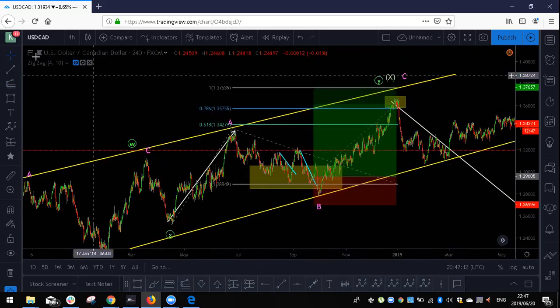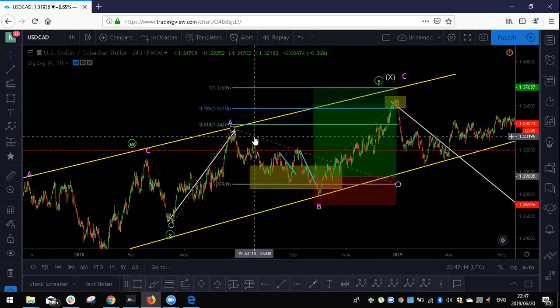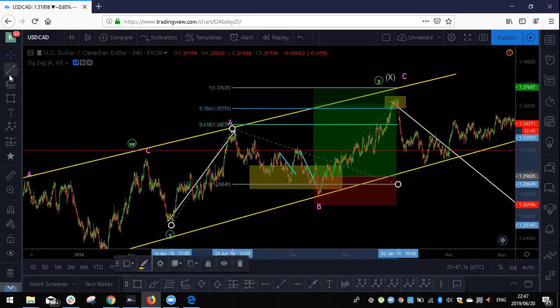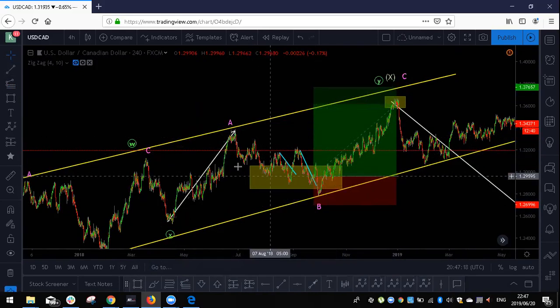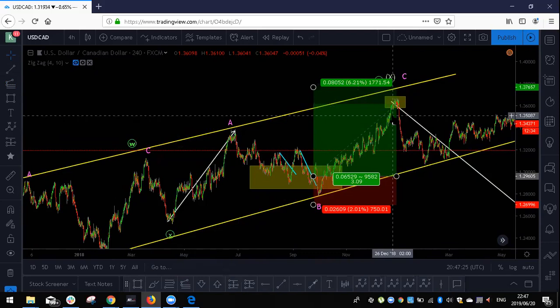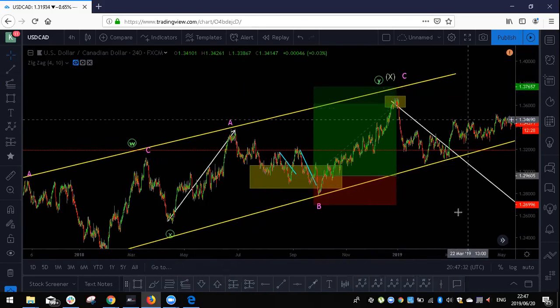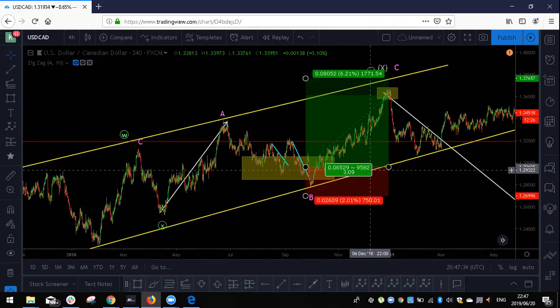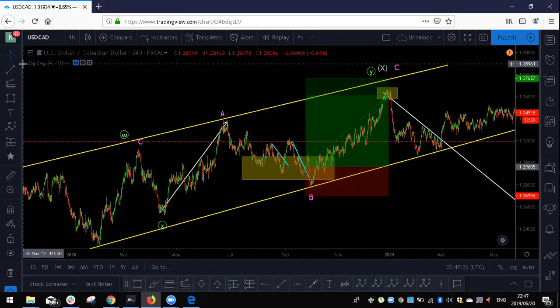But since I know this is a buy trade, I won't be interested in any sells in between. I'll only be looking for buys because I know the long-term trade is a buy.